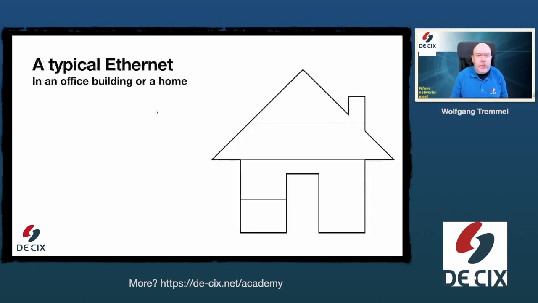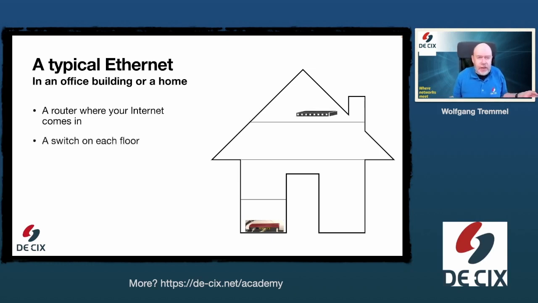Let's have a look at the typical Ethernet setup in a home or in a small office. Well, you have a router somewhere. That's where your internet connection comes in. Often it's in the basement, and in Germany, where I live, it's often called a Fritzbox. And here we have my Fritzbox in the picture. Then you might have an Ethernet switch on each floor.